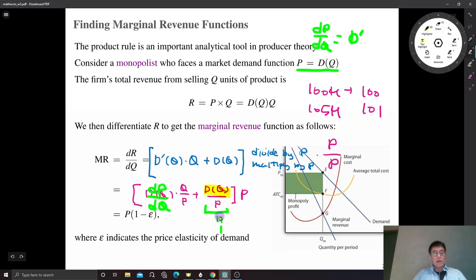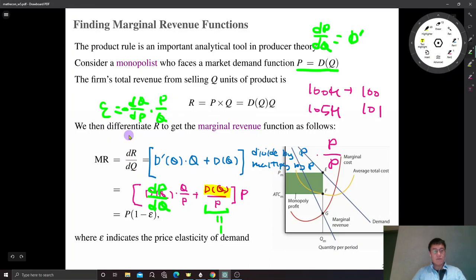Now relating to price elasticity, remember epsilon is dq over dp times p over q, and we usually put a negative sign in front, so the negative of this is defined as price elasticity.